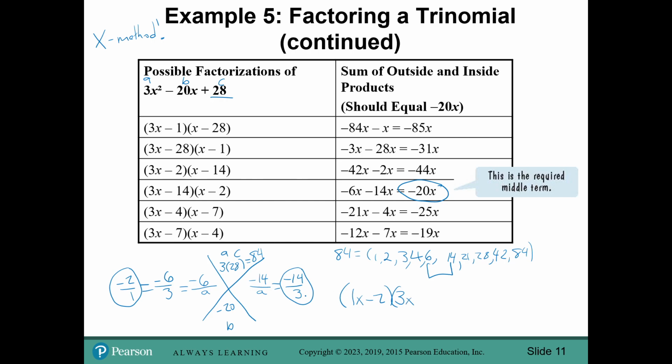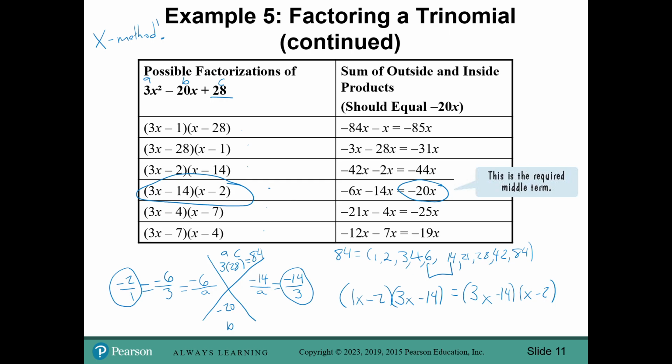So I'm putting the bottom number in front of my x, and then the top number is my constant. Now, I'm going to rearrange it so it looks the same as their answer. This is the same thing as 3x minus 14 times x minus 2, which is the same thing they got here as their answer, without having to do a plug and check 1, 2, 3, 4, 5, 6 times.